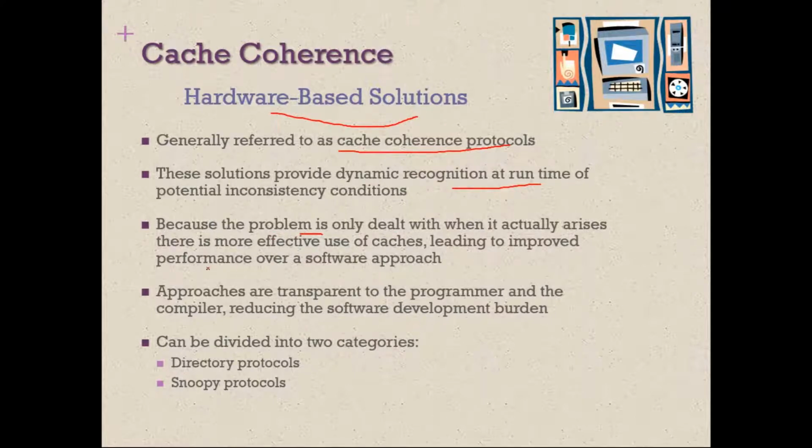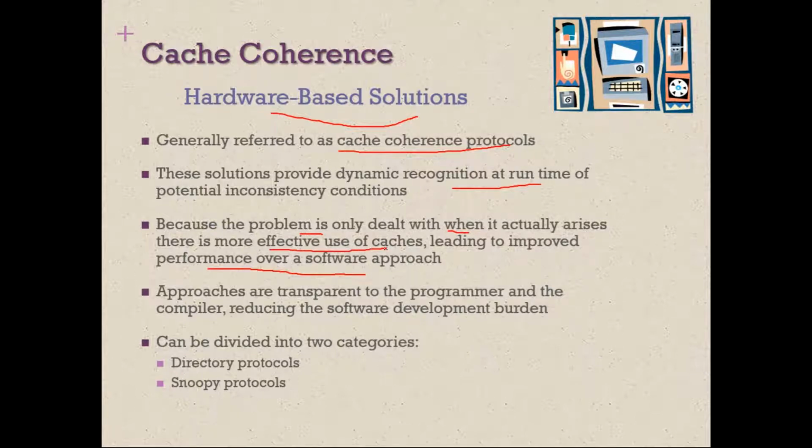They provide better performance than the software based approach. Okay. And also they need not do anything which is really not required at all. Because only when the problem occurs, the hardware based approach is going to do something. Unless a problem occurs, it is not going to do anything.